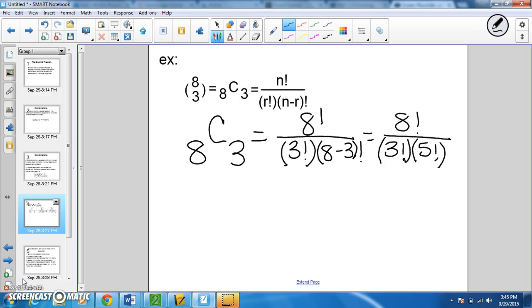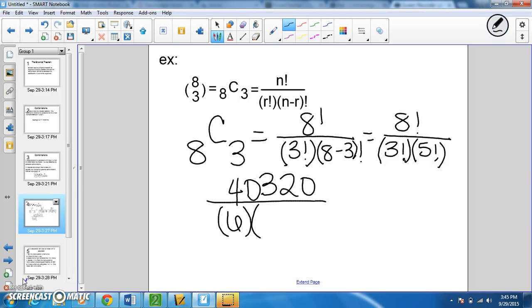To calculate 8 factorial, we would find the product of 8 times 7 times 6 times 5 times 4 times 3 times 2 times 1, which is 40,320, divided by the factorial of 3, which is 6, times 5 factorial, which is 120.